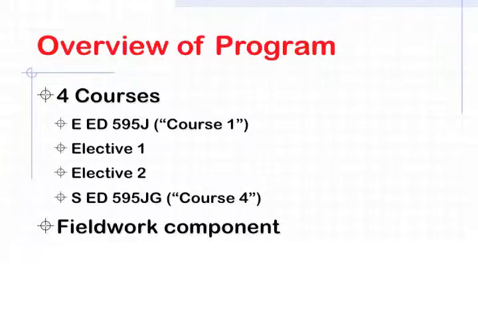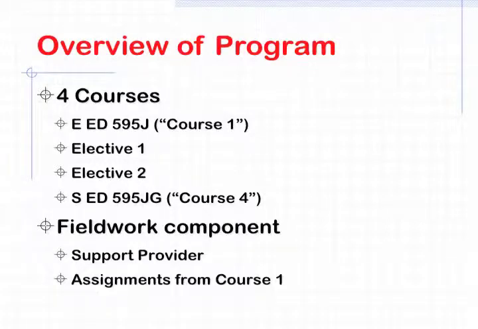The 4 courses represent the academic side. The other big component is the field work, and this is where you come in as support providers. We'll talk a little bit more about the support providers, but every candidate has to satisfy a field work component. Obviously, those candidates who are already employed at a school can satisfy that easily by the work that they're doing.